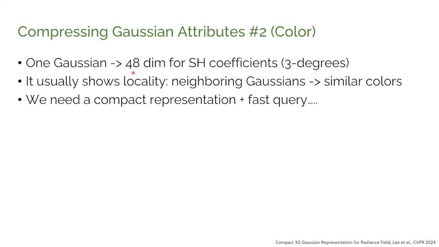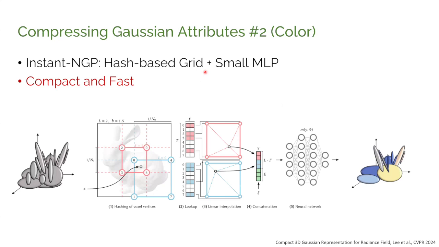So we need a representation that has spatial locality, and also one where we can correct the color very quickly. So here we decided to use Instant NGP, which is based on a hash-based grid and a small MLP. This is a very compact representation. They use a hash collision method to compress the three-dimensional tensor.